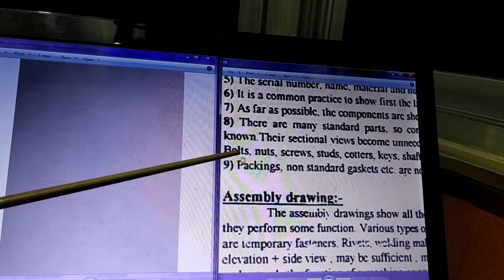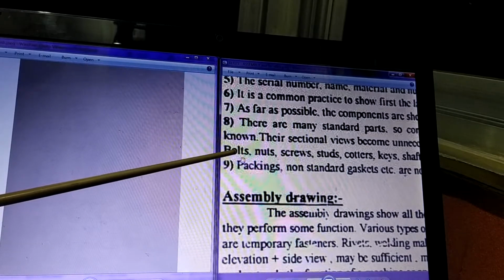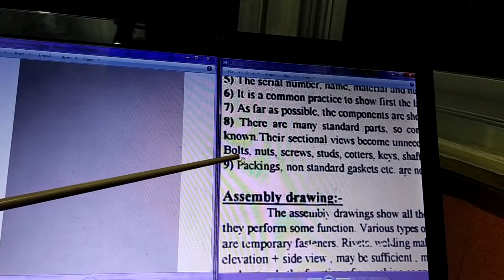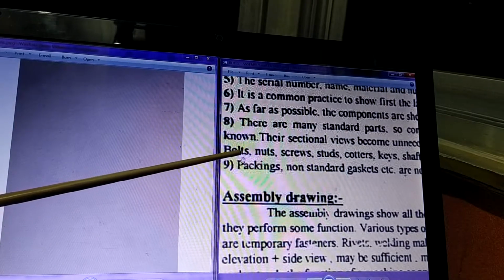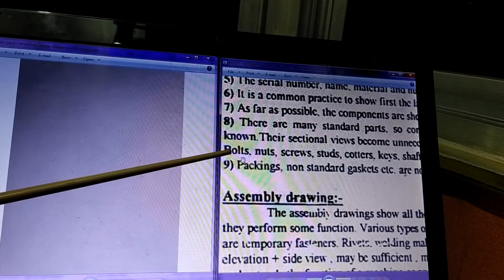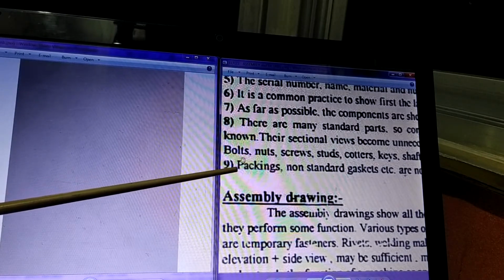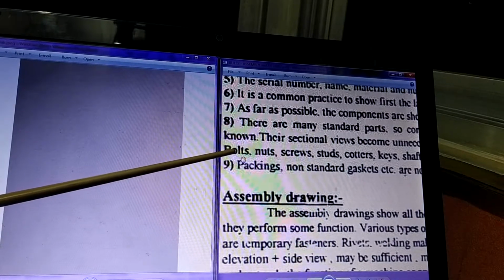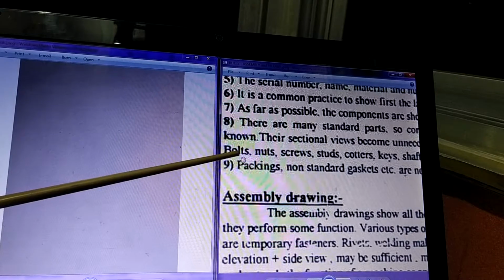Therefore, for such parts, their drawings are not drawn, but their information is still written. That means in the detailed drawings, you have to mention this bolt, you have to specify a serial number for the bolt, write the material, the quantity, and the specifications of the bolt. So this bolt could be, let us say, M10. It is a hexagonal bolt of size M10.